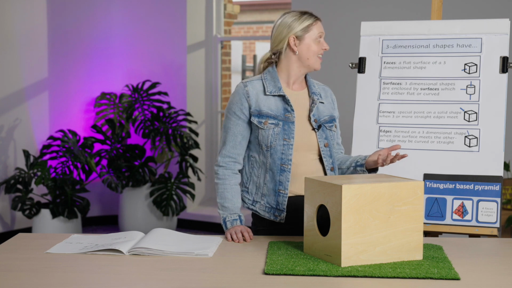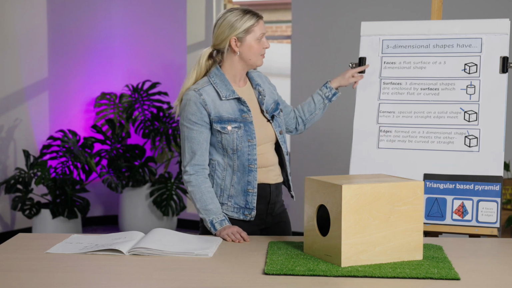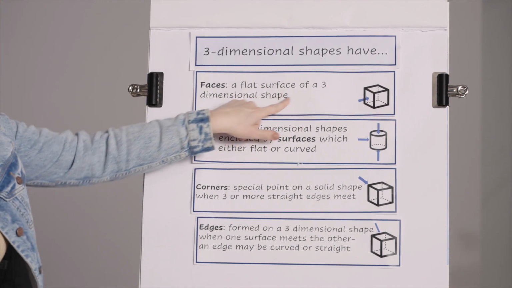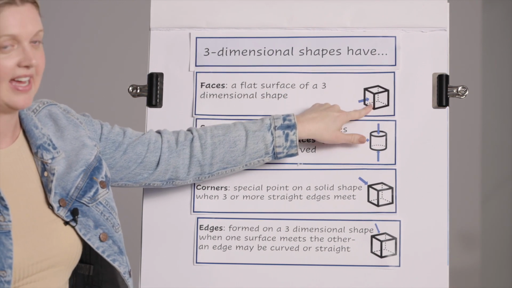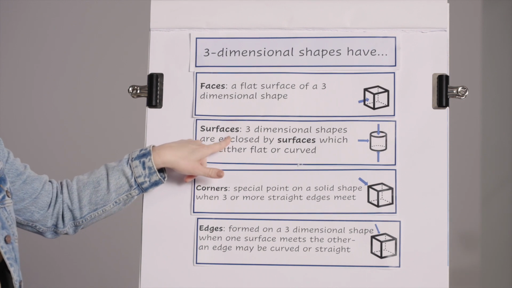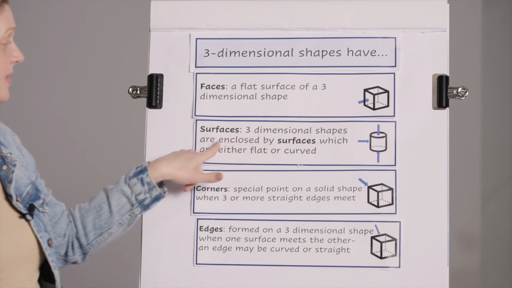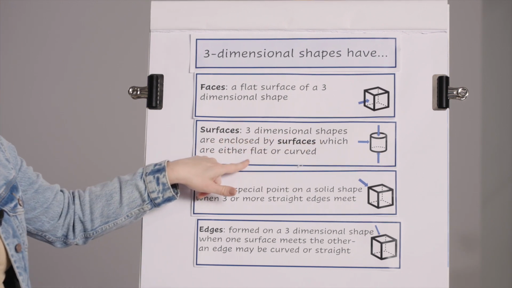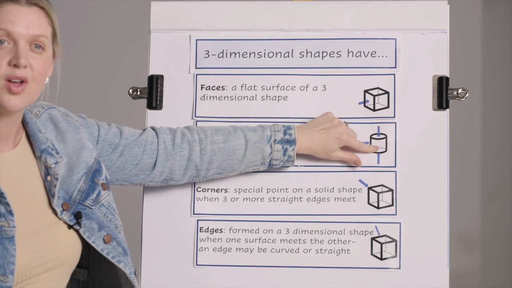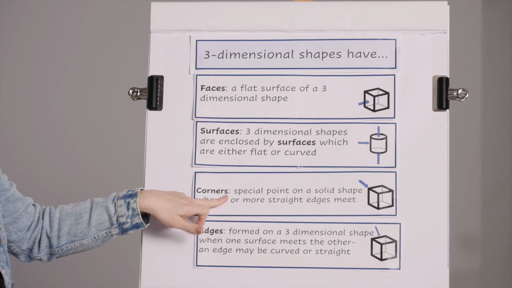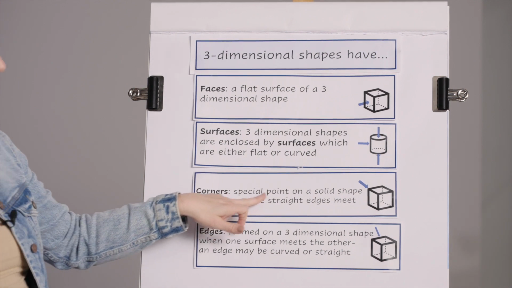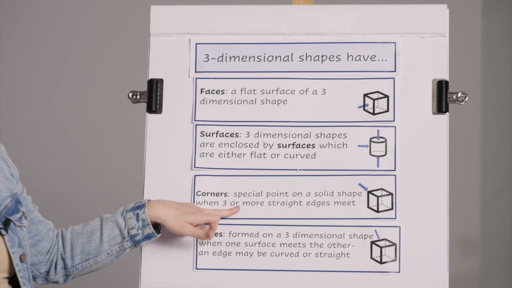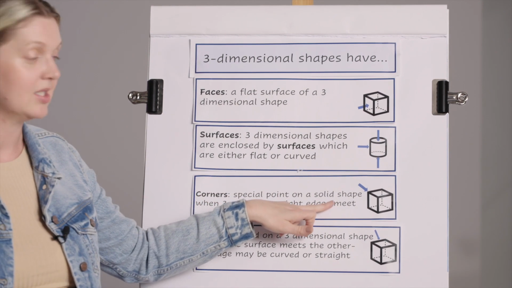Let's remember together, three-dimensional shapes have faces, a flat surface of a three-dimensional shape, like here, a square face. Three-dimensional shapes are enclosed by surfaces which are either flat or curved. Corners are a special point on a solid shape when three or more straight edges meet.